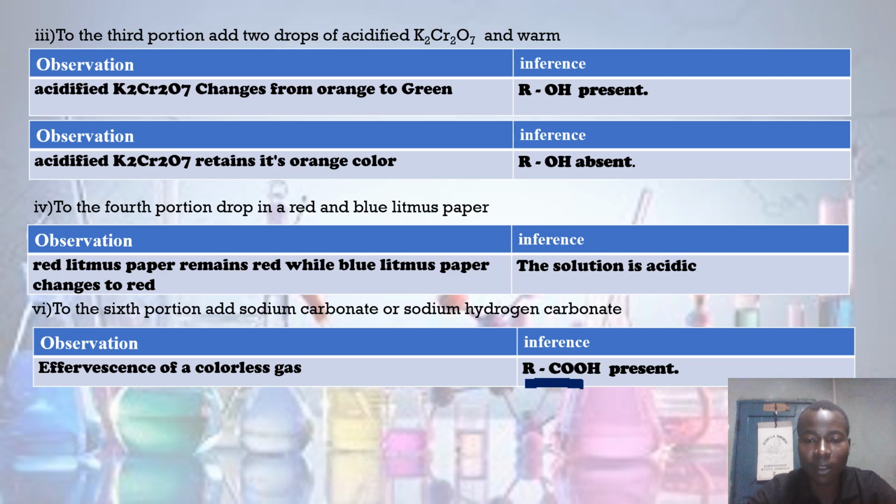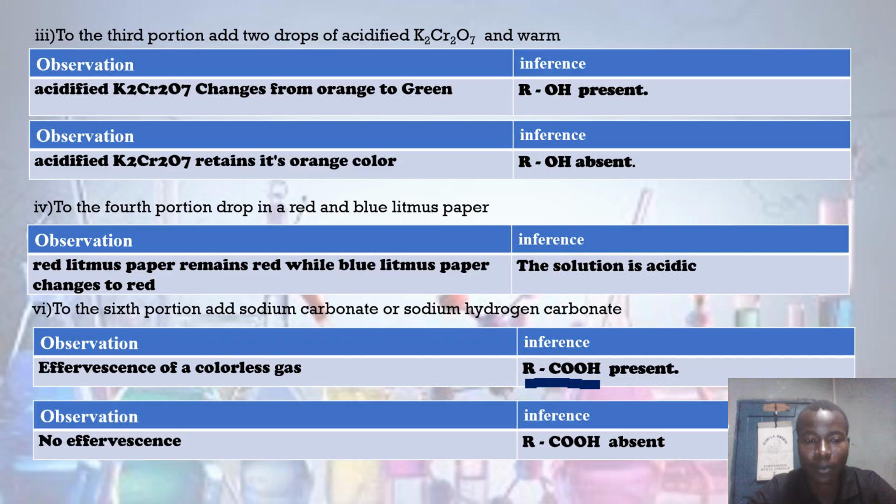Don't write some other funny things. You write them the way they are. That is the correct way on how you are supposed to write them. And if you add the sodium carbonate or sodium hydrogen carbonate and you fail to see effervescence, there are no bubbles produced, it will mean that the RCOOH is absent.